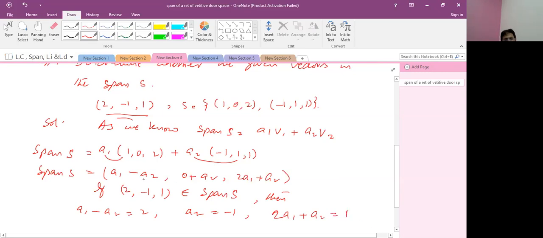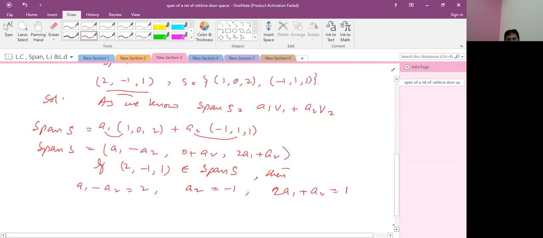It means this equation is equal to 2, this equation is equal to minus 1, and this equation is equal to 1. After that, students, we will find the values of a1 and a2.